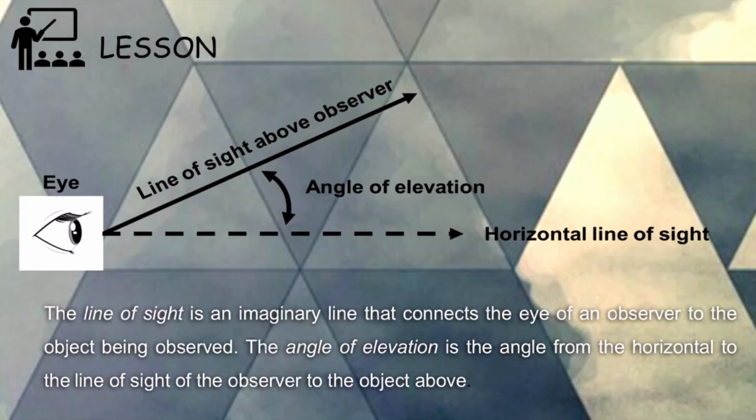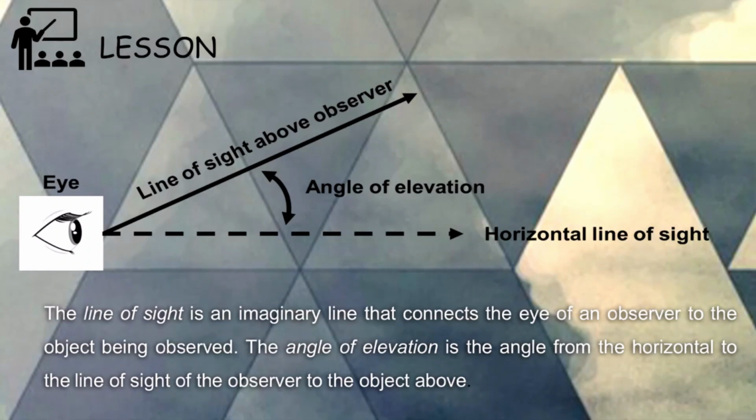And then, this is the line of sight above the observer. Ayan. And then, the angle of elevation is the angle from the horizontal to the line of sight of the observer to the object above.